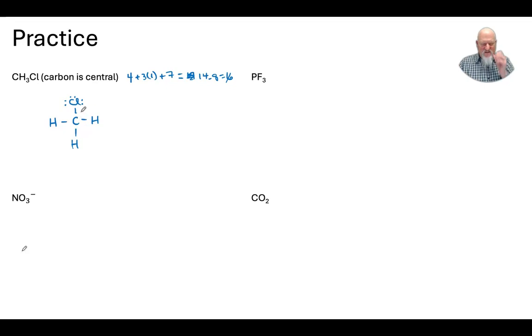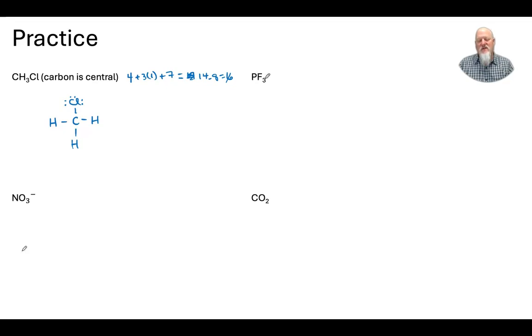If I look at this, carbon has 8 around it, the 4 pairs as bonds, and each hydrogen has 2 electrons around it, the shared electrons with carbon, and the chlorine has 8. So that's all set. The carbon and the chlorine have an octet, and the hydrogens just have the 2. We're good.